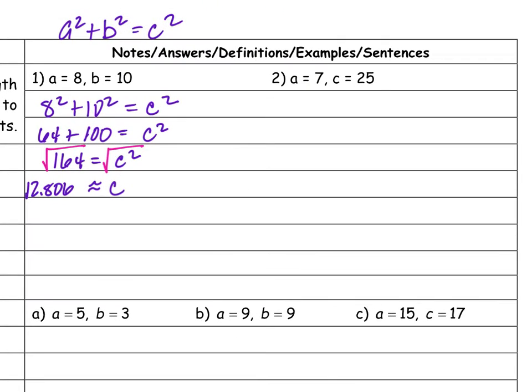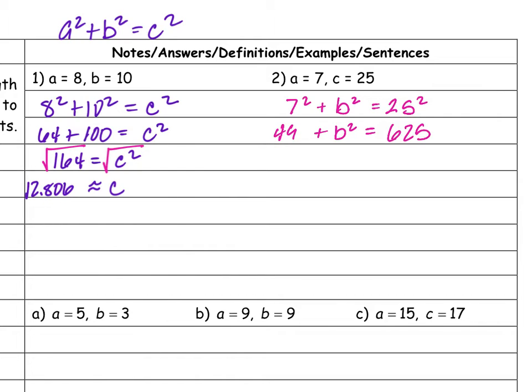Okay, so we're going to do the same thing, plug it into the equation. So I've got 7 squared plus b squared equals 25 squared. So 49 plus b squared equals 625. So in order to find out what b squared equals, what do I need to do?